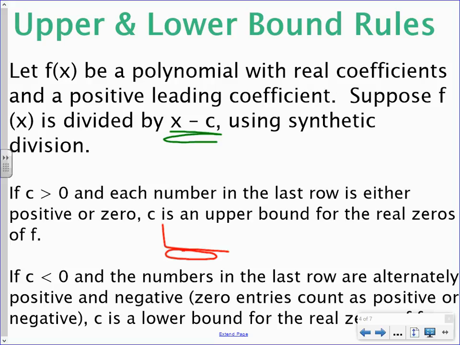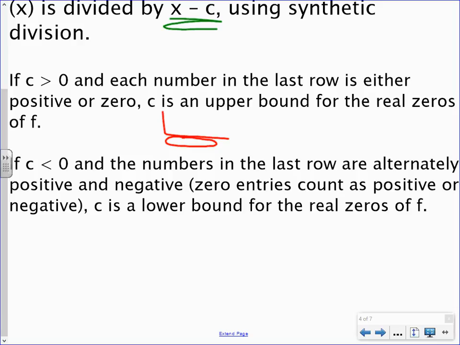Okay? If you have a negative c value, and the numbers down here alternate, then that is a lower bound, which means don't pick anything less than that number. Everything must be higher than it. This can be helpful if you find a zero that does not work and it follows one of these patterns, then you might be able to cross some numbers off of your list.